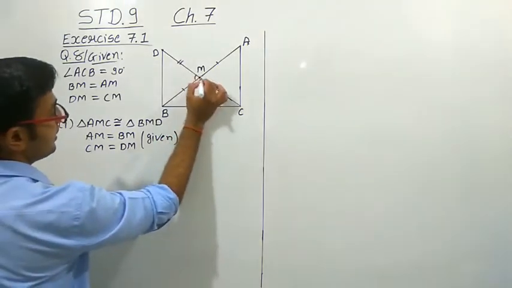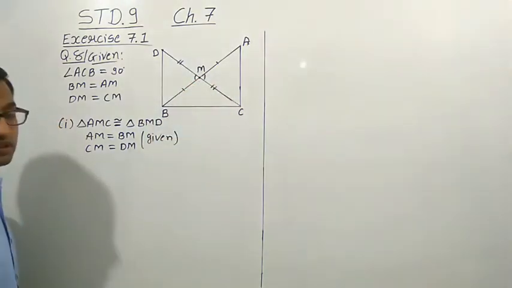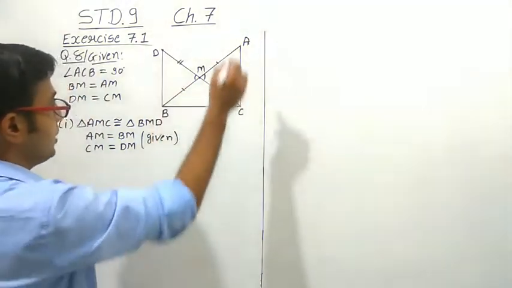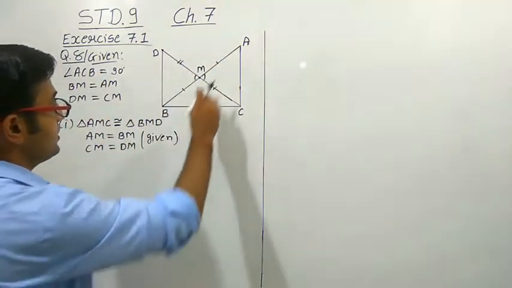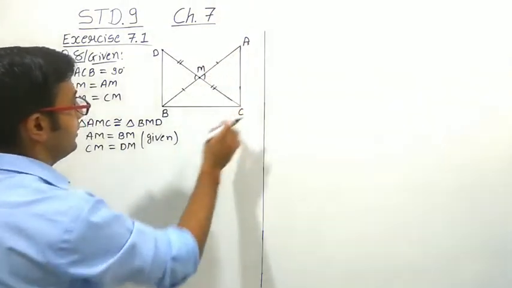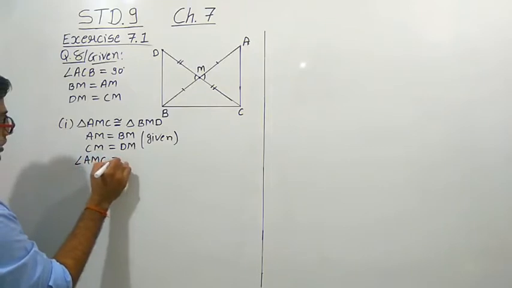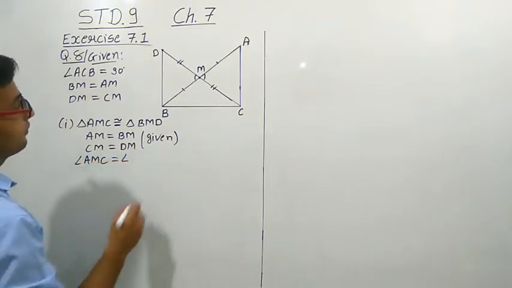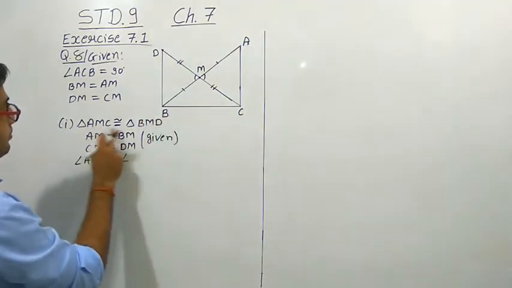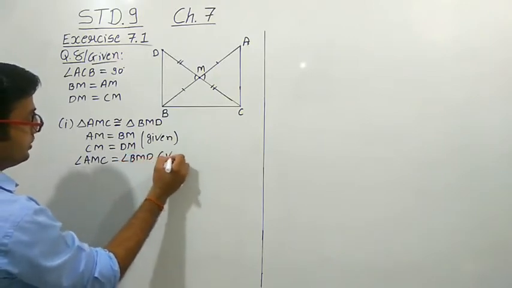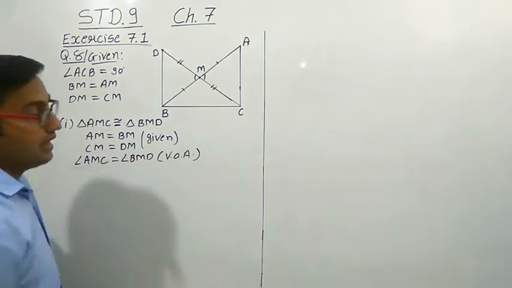Yes, it is very easy. These two angles are vertically opposite angles because the two lines are intersecting here. So we can write that angle AMC is equal to angle BMD. The reason is vertically opposite angles.